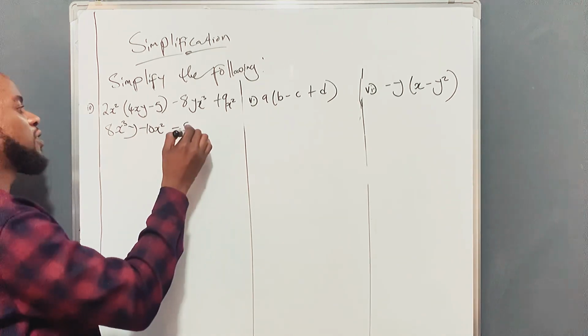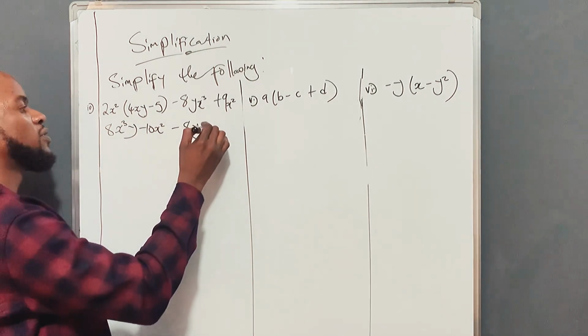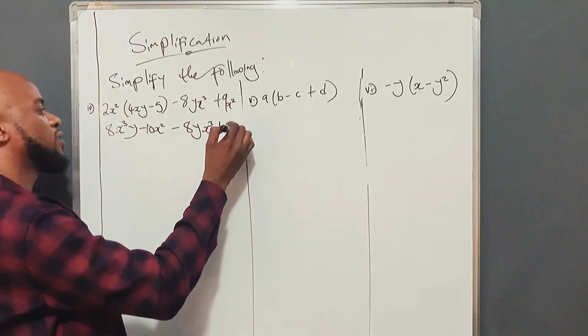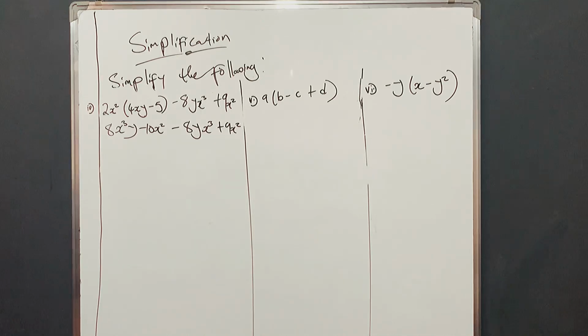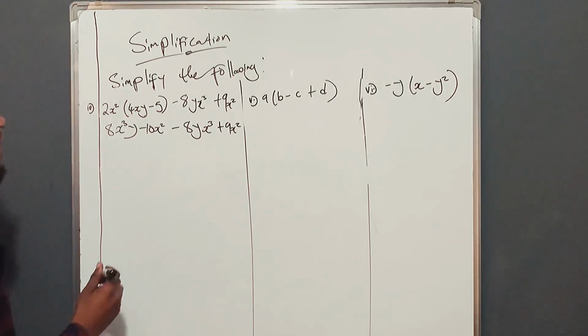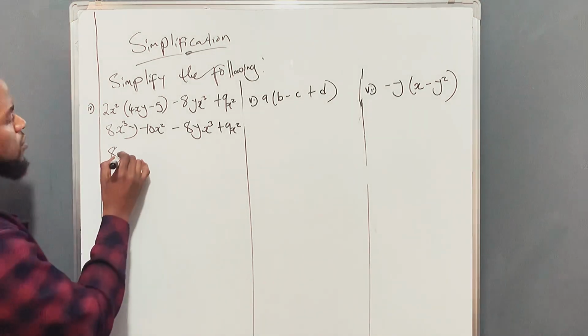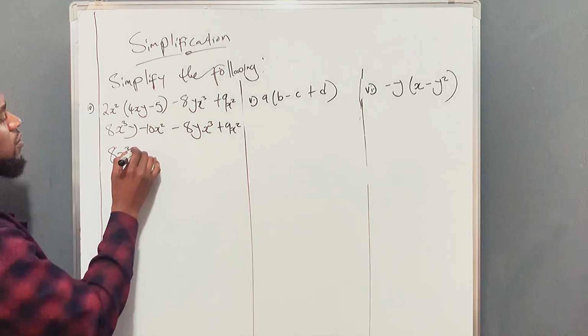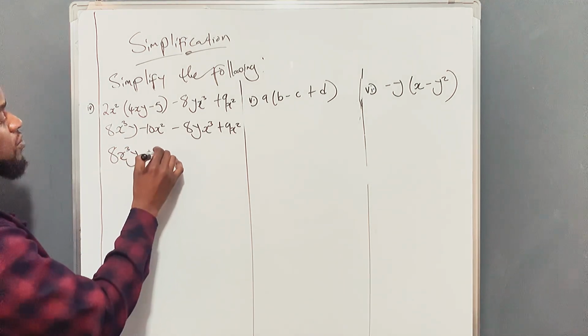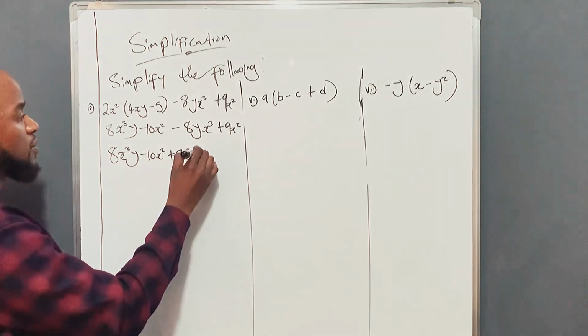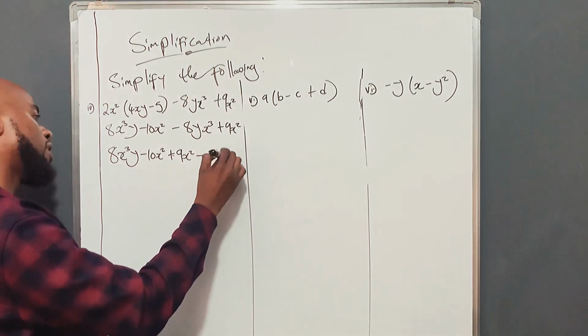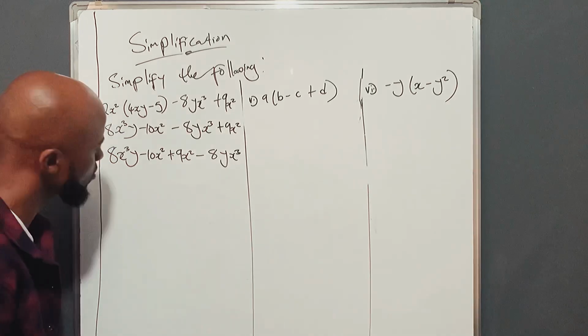Then I have this here, 8 plus 9x squared. After I do this, I look for what's common. What's common here? All right. So x to the power 3, y, I have this 10x squared. I'll call plus 9x squared minus 8y x to the power 3.